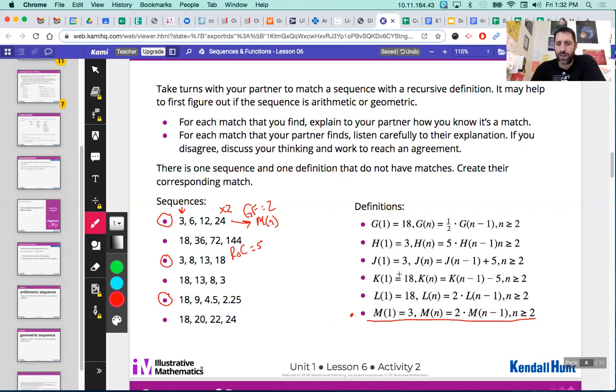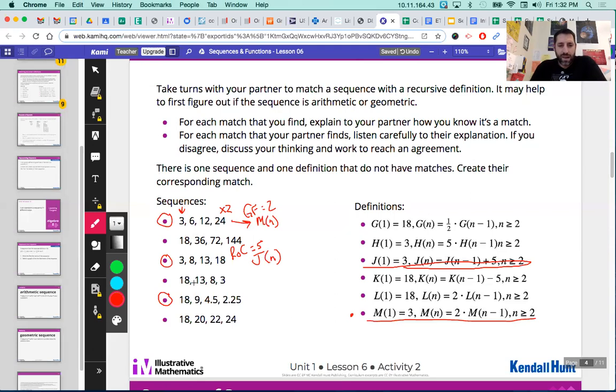Now h of n says we're doing 5 times the previous one, which doesn't work because 3 times 5 is 15. But the j of n, that's taking the previous term and adding 5. We want this one. Sorry, I didn't mean to cross it out. We want j. So j of n would go with the second term.